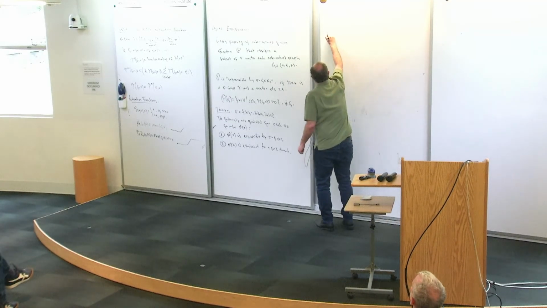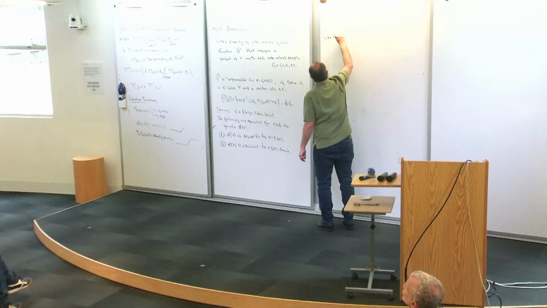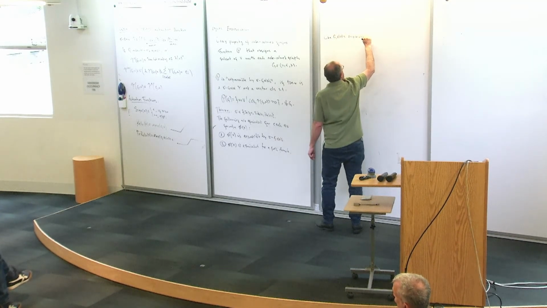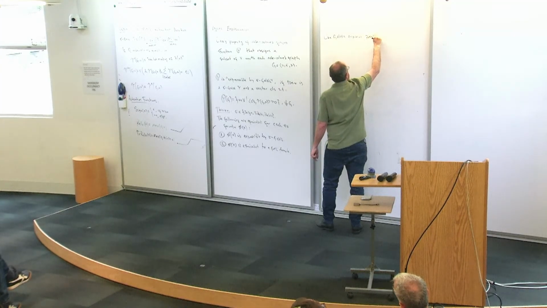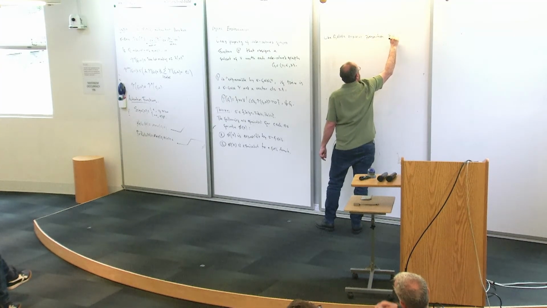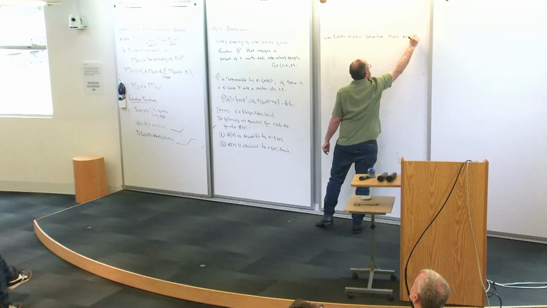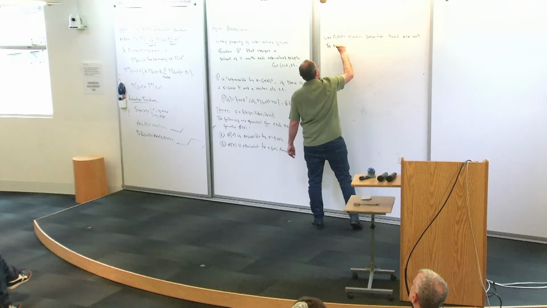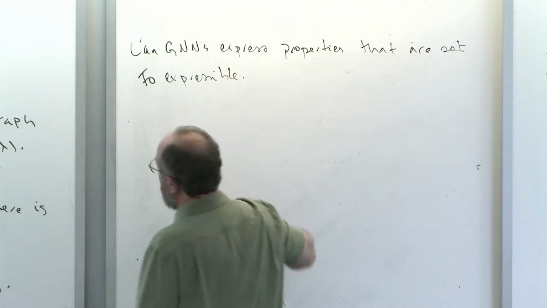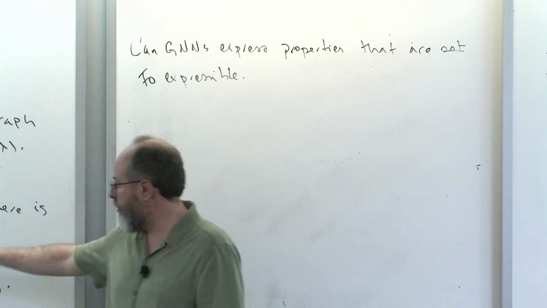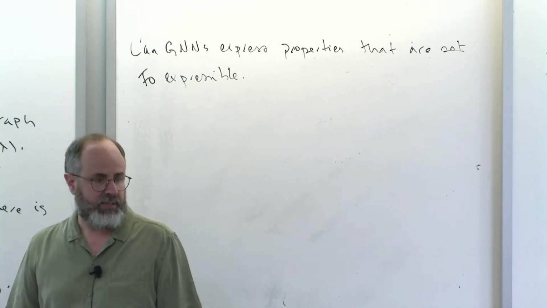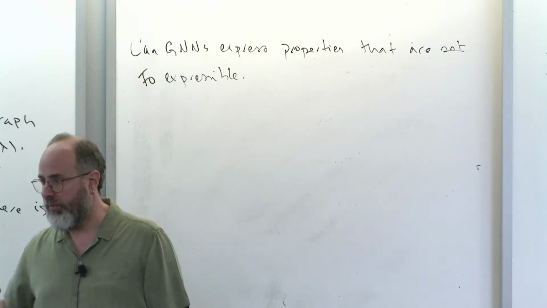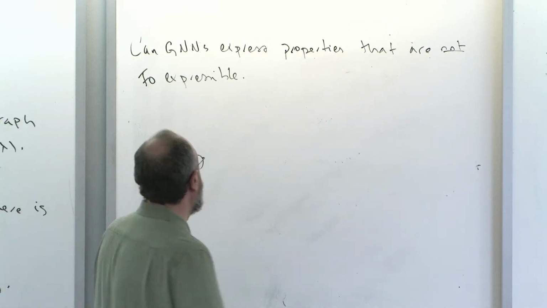Can GNNs express properties that are not FO expressible? If GNNs could only express first-order properties, this would be a complete characterization of their expressive power. But it's not, because GNNs can express things that are beyond FO. What is an example?